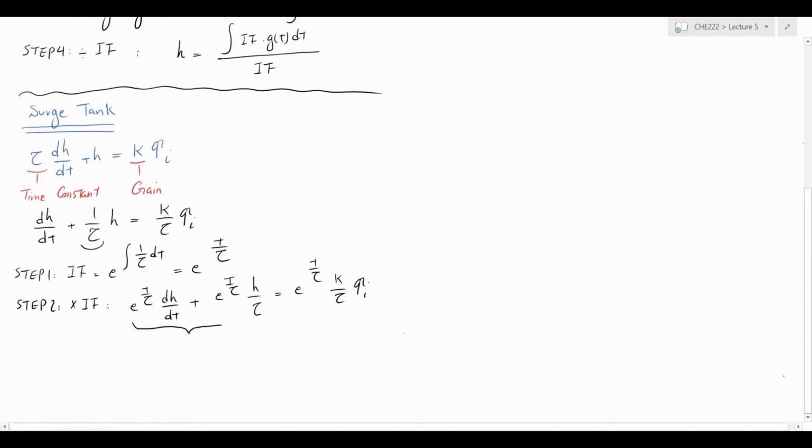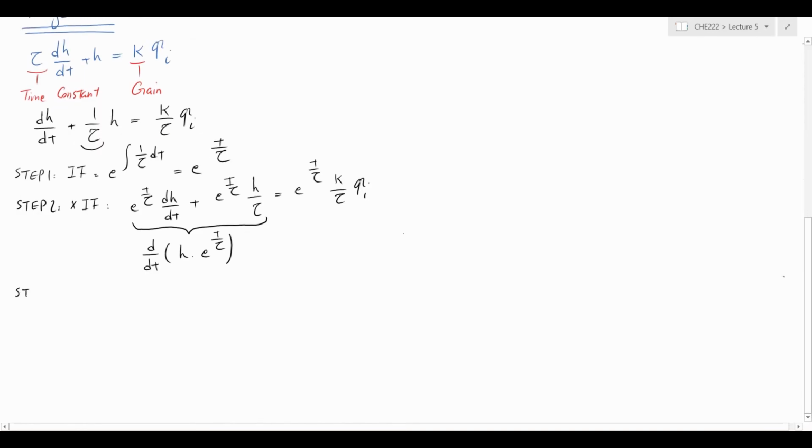You can try by yourself and check that this is d/dt of h times the integrating factor, which in this case is e^(t/tau). It's just a simple product rule, and you can see that these two terms are the derivative of h times the integrating factor with respect to time.